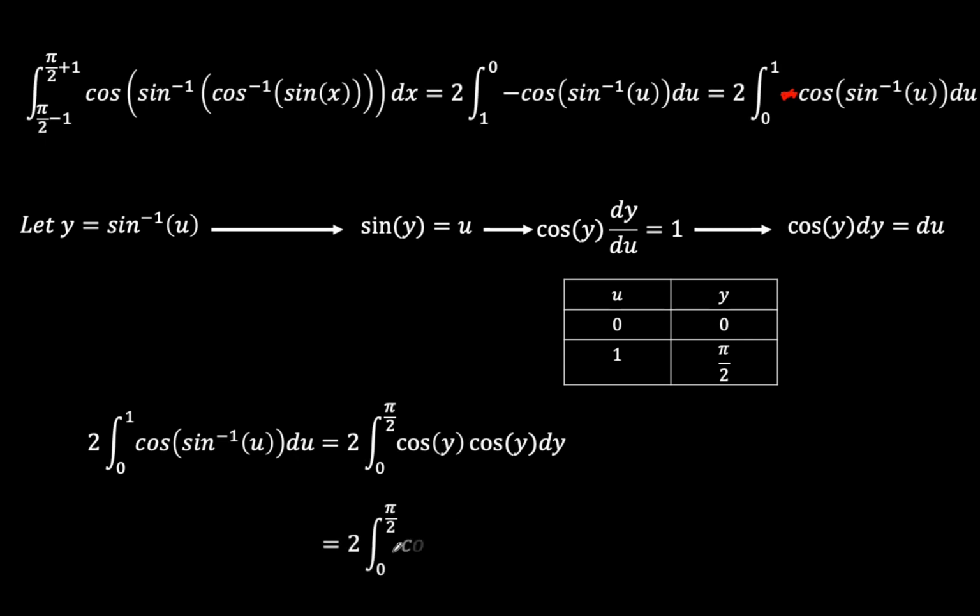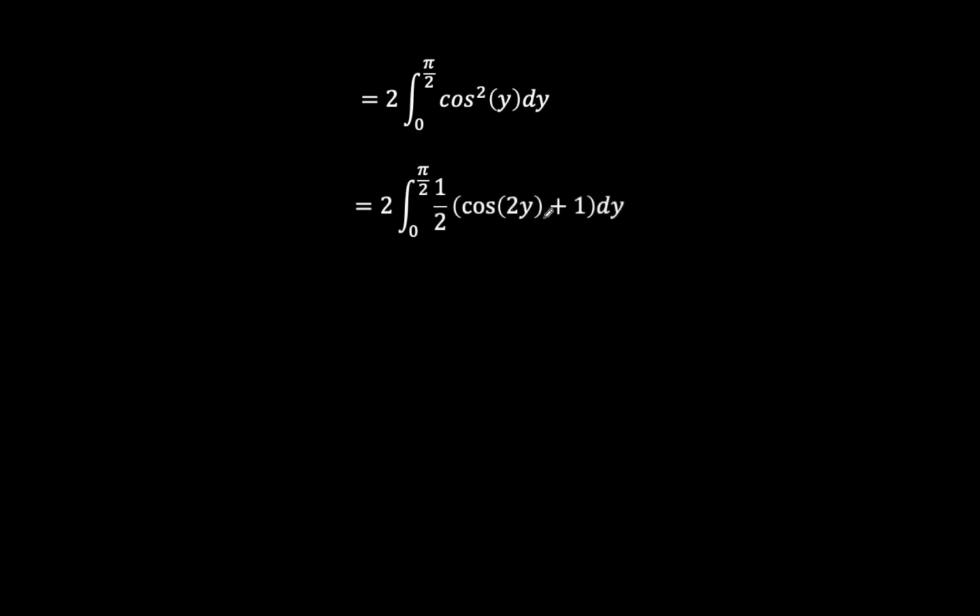So this is twice the integral from 0 to pi over 2 of cosine squared y dy. We can convert cosine squared y to a double angle expression, which is a half of cosine 2y plus 1. And so this half and the 2 here cancel out, so we have 1. And the integration of cosine 2y is half sine 2y, and then 1 is y.